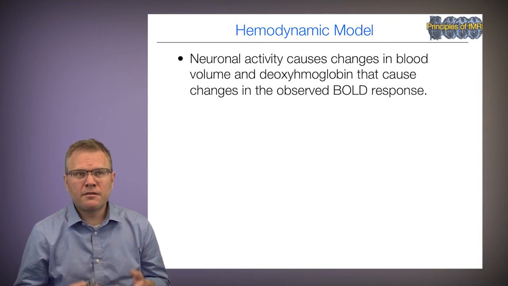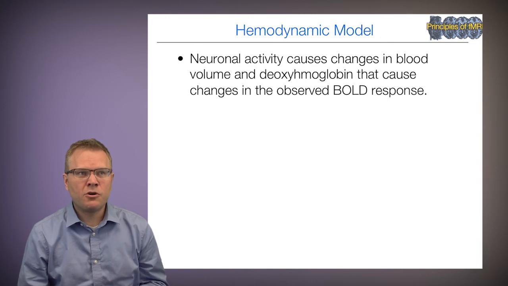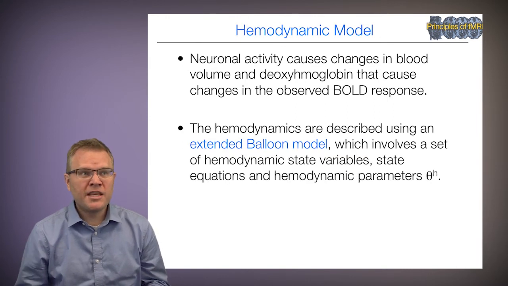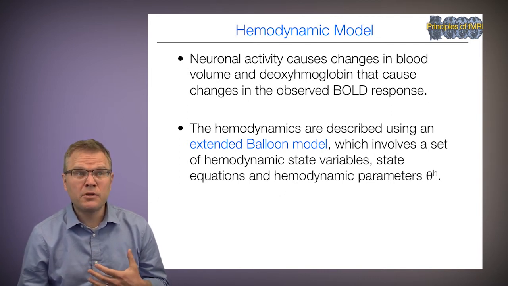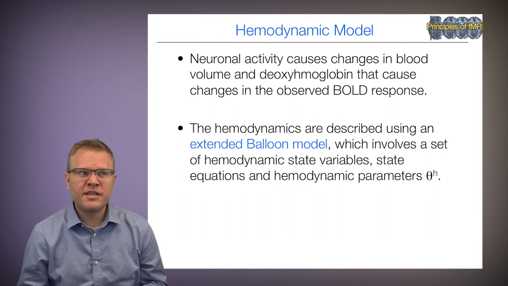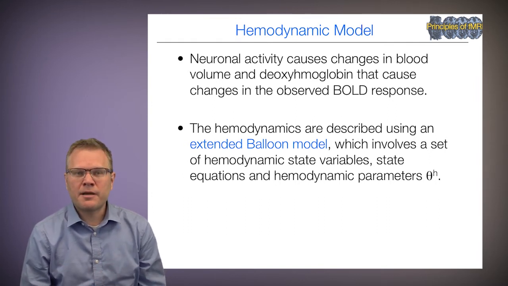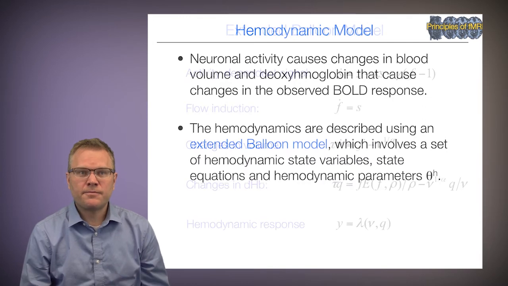Now, neuronal activation causes changes in the blood volume and deoxyhemoglobin that cause changes in the observed BOLD response. And so the hemodynamics in the DCM model is described using what's called an extended balloon model, which involves a set of hemodynamic state variables, state equations, and hemodynamic parameters, theta of h.